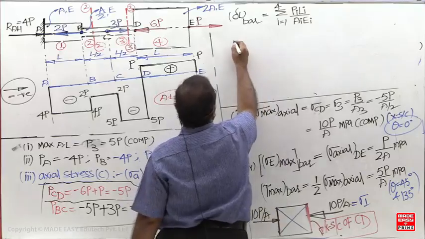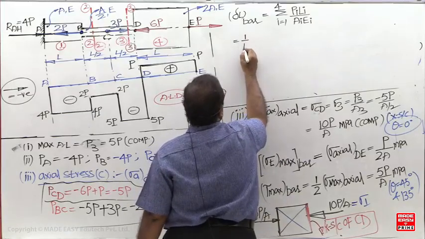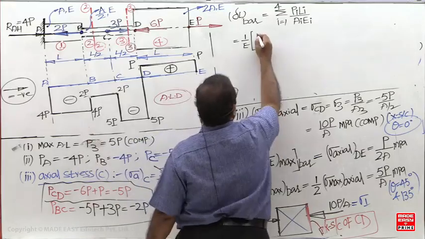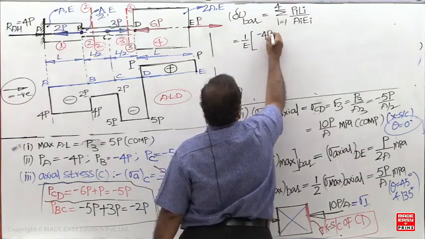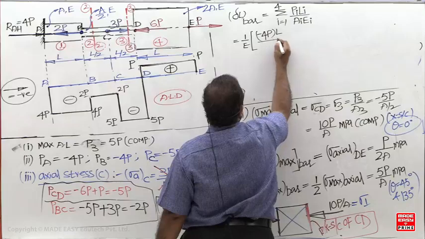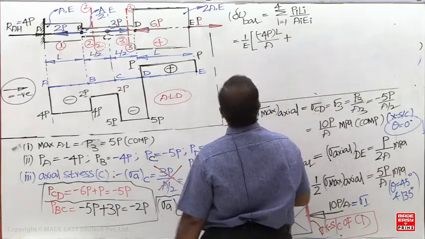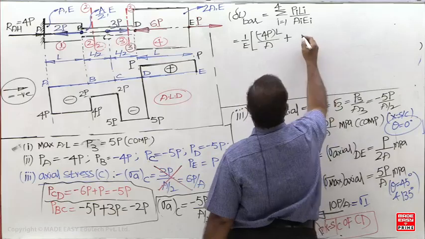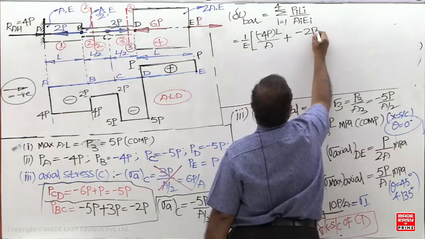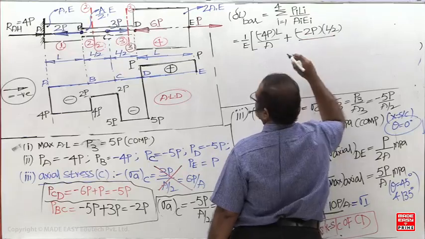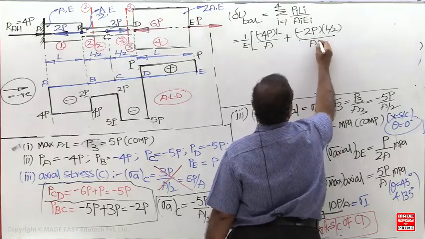So you can take out 1 by E as common. What is the load in the first bar? Minus 4P. The length is L, the area is A. The load in the second bar is minus 2P, the length is L by 2, the area is A by 2.